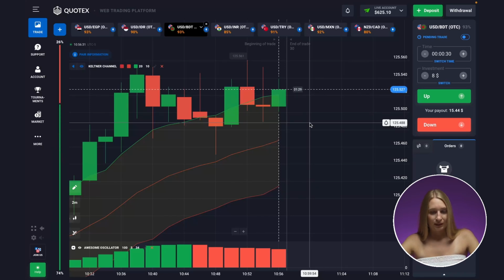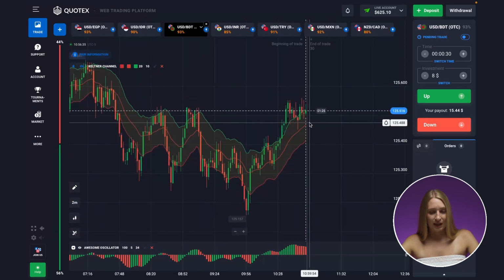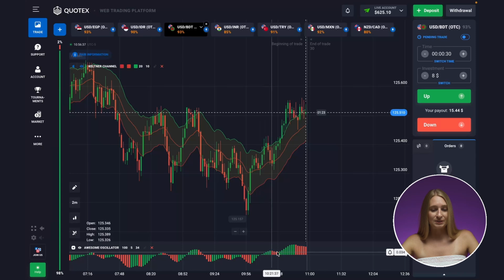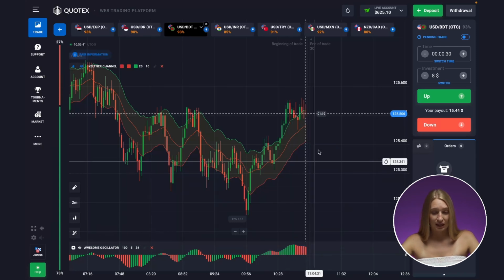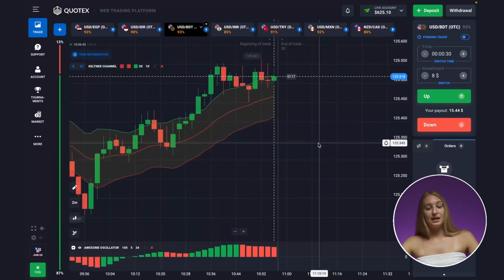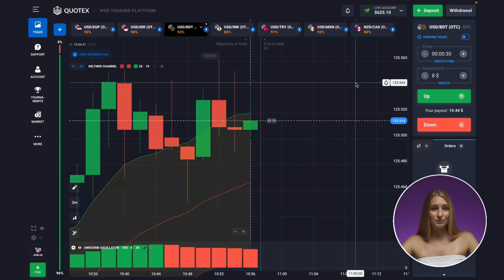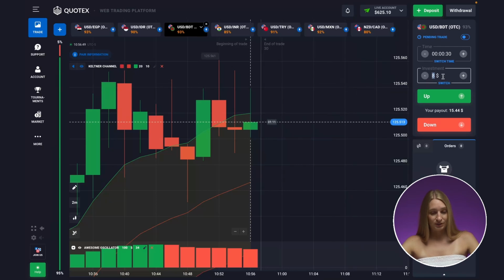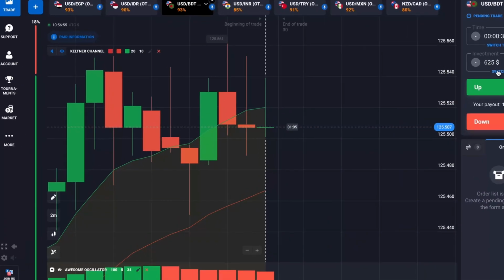So you see the bars are above the level of 0, and still we are working with these long red candlesticks because of this situation. Okay, let me think. Wow, I'll change my investment to $625, so all in, and I will check it with a call option.